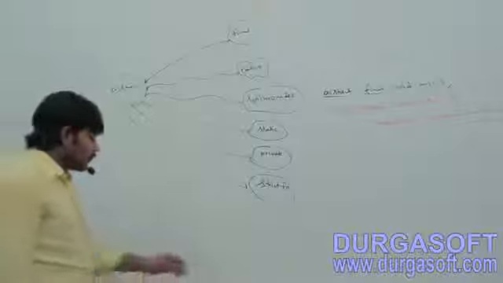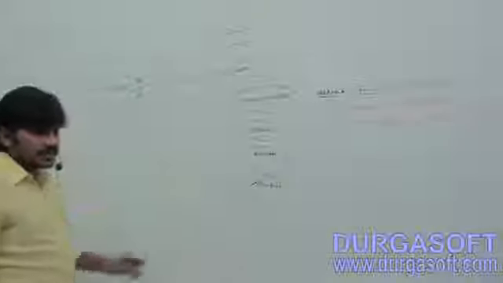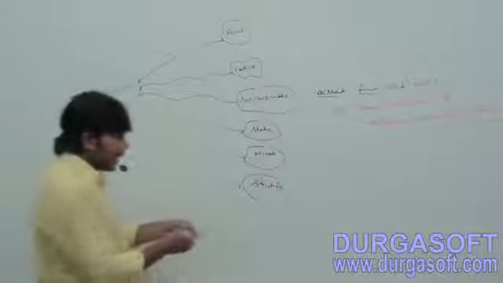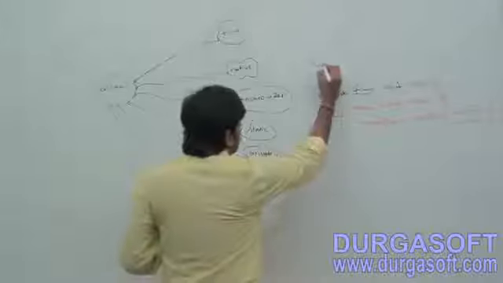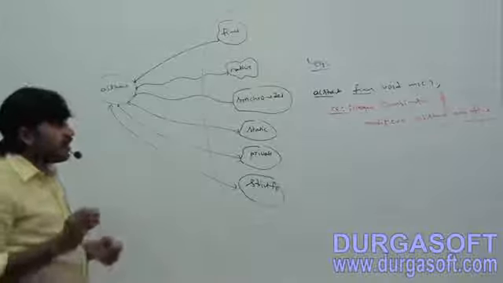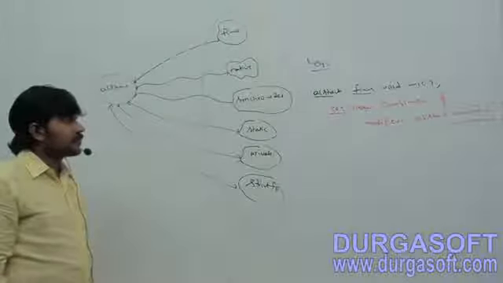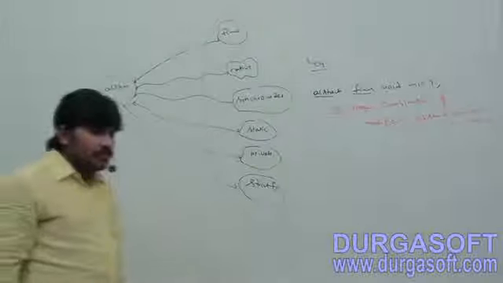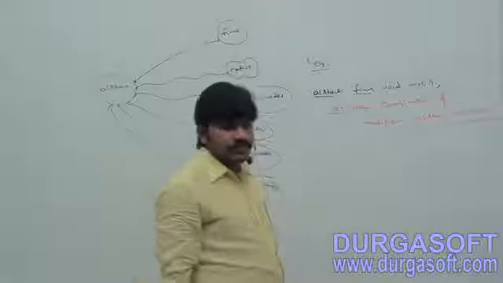Next, after this, take an example: I am declaring one method, abstract final void m1, an illegal combination of modifiers.